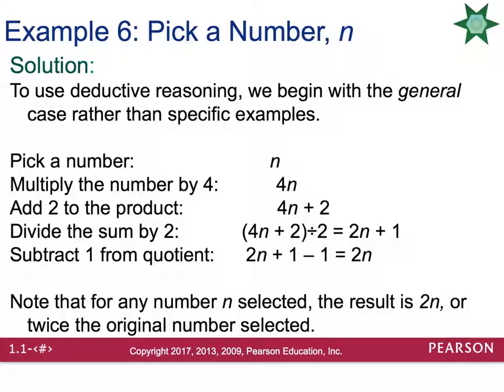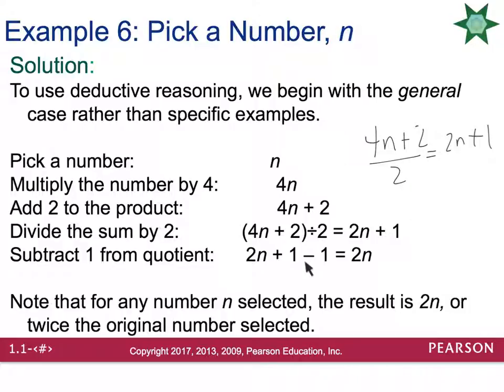So just to kind of do as a side here, we could write it like this: (4n plus 2) over 2, okay, and that equals 2n. Divide by 2 there, plus 1, 2 divided by 2. So we're dividing this 4n divided by 2, and then this 2 divided by 2 to get to 2n plus 1.